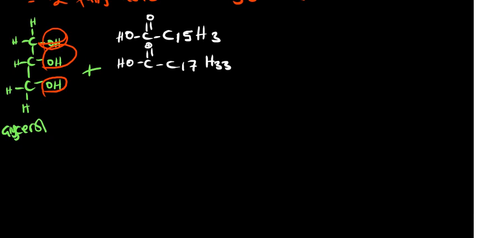So here we have 32 hydrogens. Then we have the last one, we have HO, C17, H31.